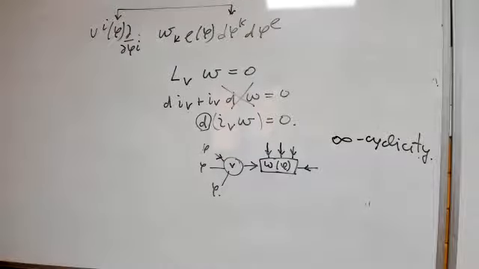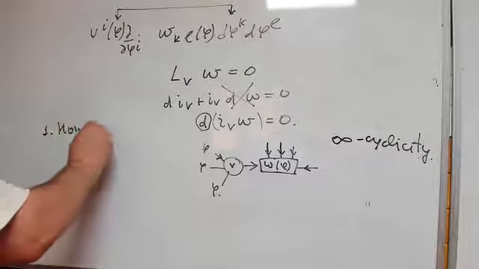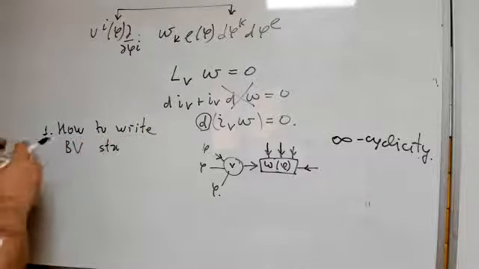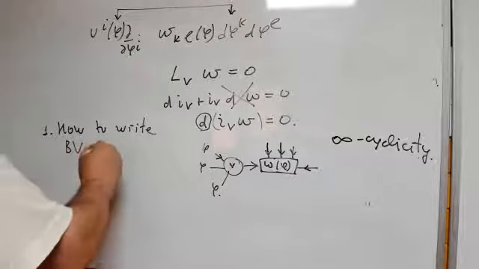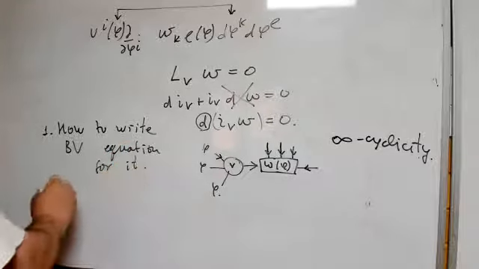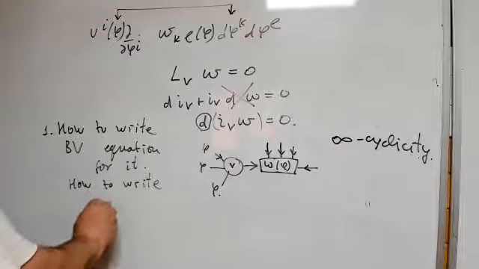So there are two things that I have not studied, but they probably could be studied. Namely, this is a quadratic equation, this cyclicity. So the question is how to write the BV structure, the BV equation, and also how to write the quantum version.